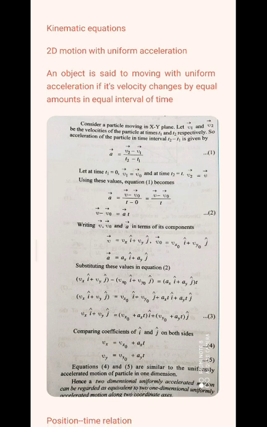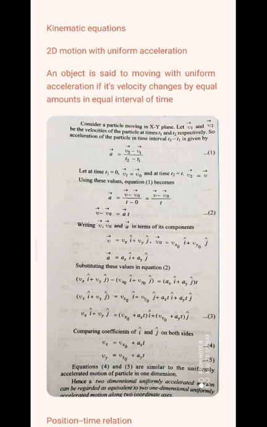Now kinematic equations. Again, we see that average acceleration is equal to v2 minus v1 by t2 minus t1, where v2 is the velocity at time t2 and v1 the velocity at t1.